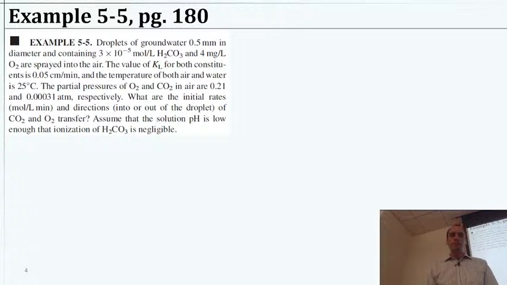So first of all, remember that H2CO3 is going to be in equilibrium with CO2, right? This is what we get when we have CO2 plus H2O. So we can get essentially CO2 gas from our H2CO3.